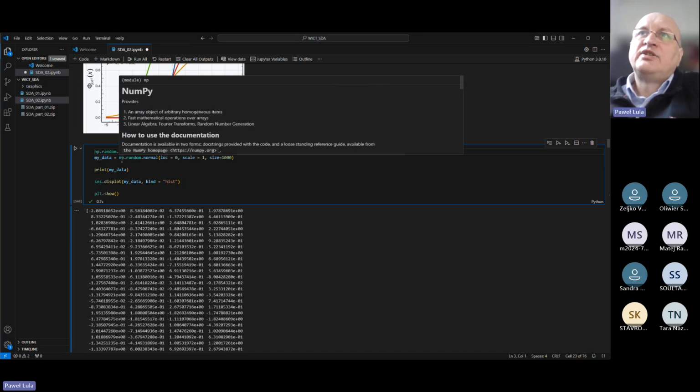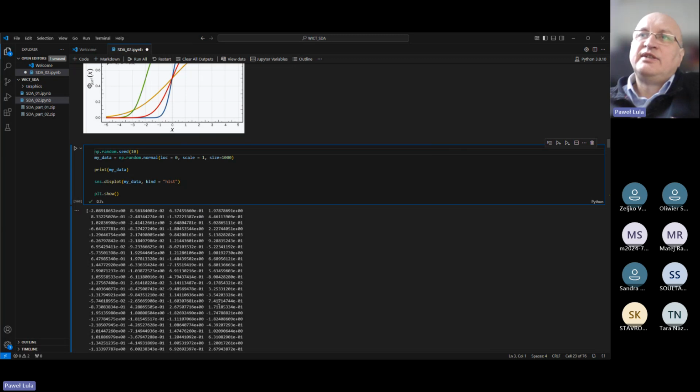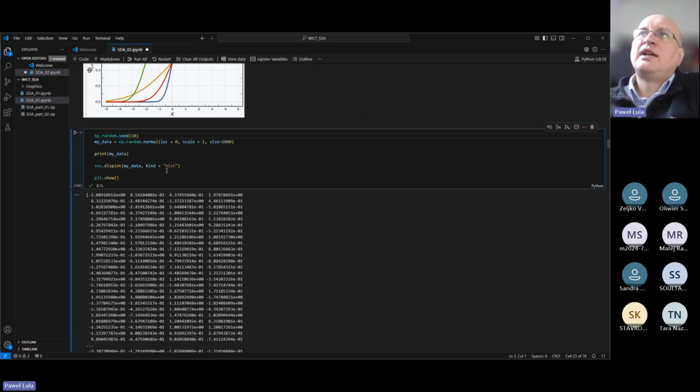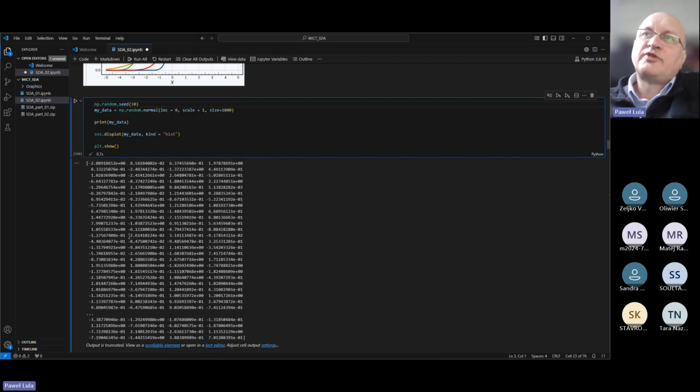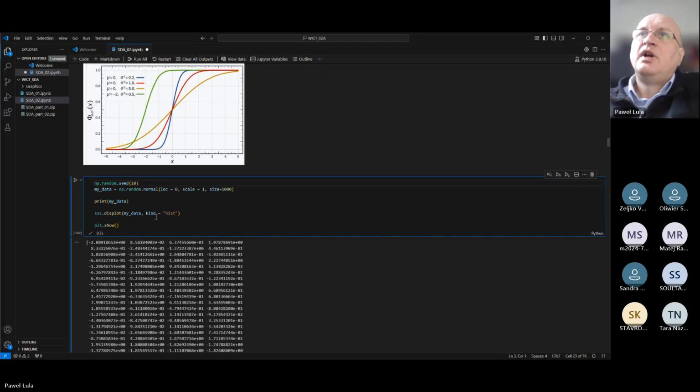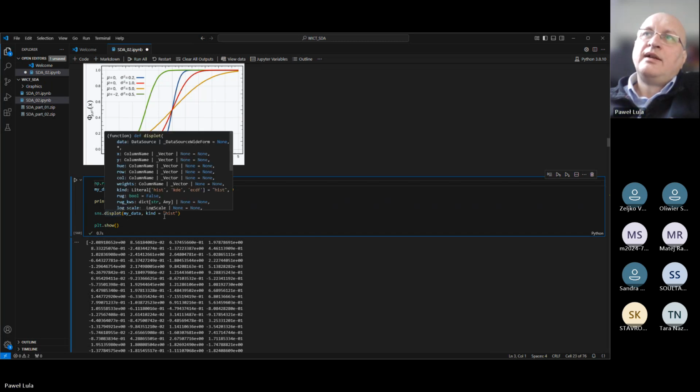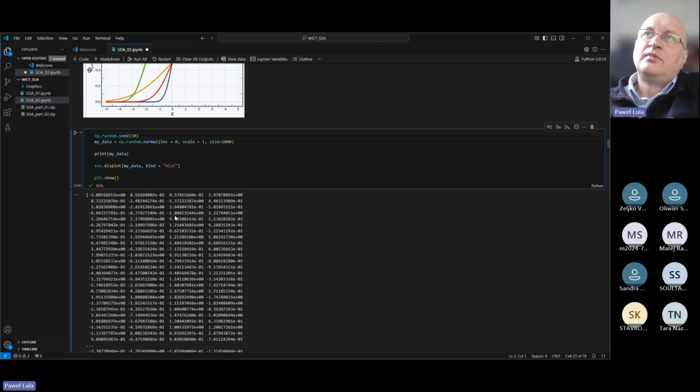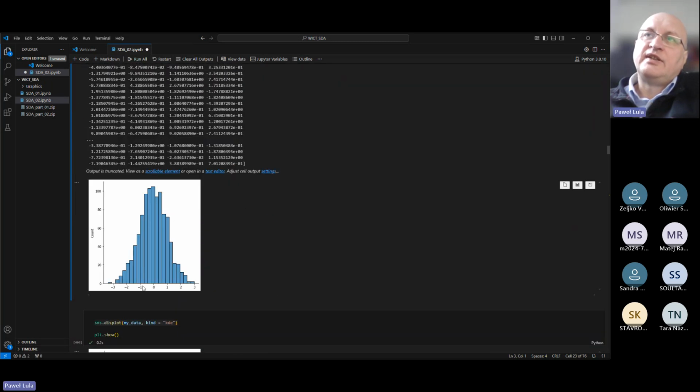Data were generated here. I displayed them. Of course, when I have 1,000 data, it is not possible to analyze all these values. And therefore, I produced a histogram to present this data.